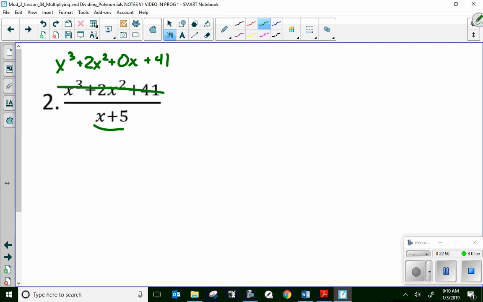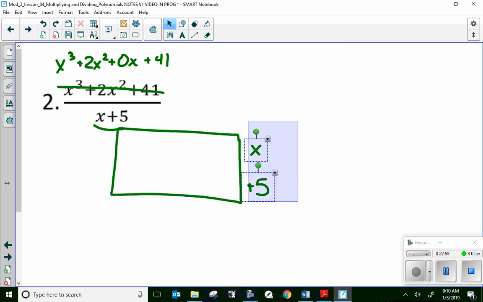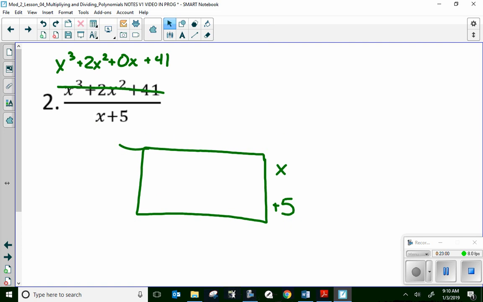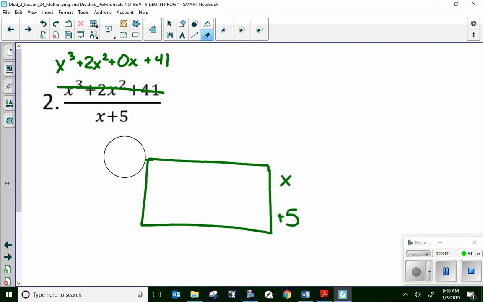I know this is too tall, so I have X and a positive 5. I'm going to give myself a little bit of room here. Oh, wait, I'll just do it this way.